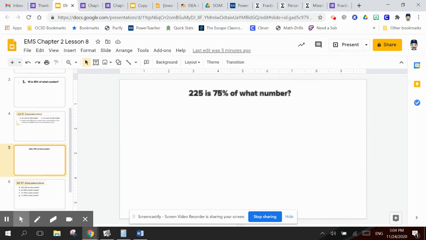So even with larger numbers, we can still do the same thing. We're still looking at the word "is." "Is" tells me that this number is my numerator, so 225 is 75% of what number? So 225 over some number, we need to find the total. 75% is 75 over 100.